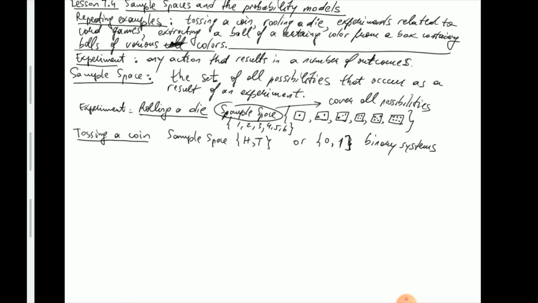So this is the sample space of an experiment. So remember, we start with an experiment, and then based on that experiment, we always have a sample space which essentially shows all possibilities that occur as a result of that experiment.